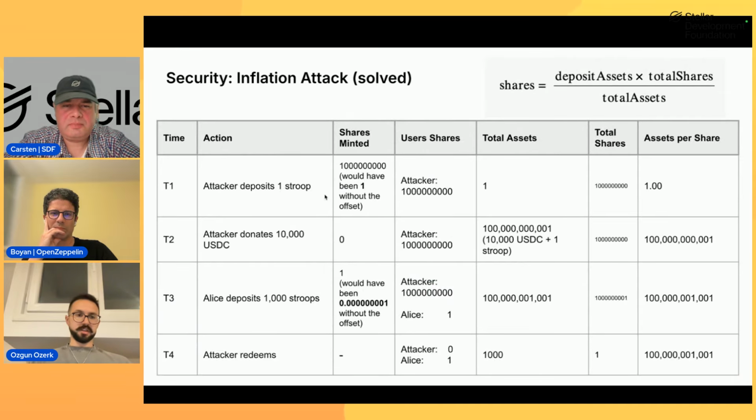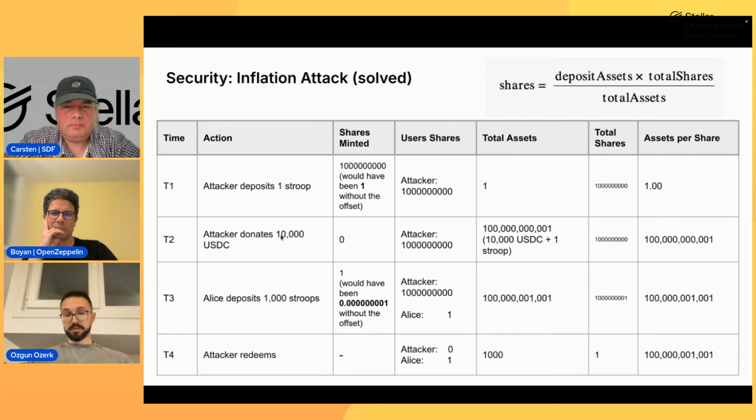And it will be something like this. So if you deposit 1 stroop, instead of 1 share, you will get this amount of shares. This is up to your decimal offset. So let's say 1, 2, 3, 4, 5, 6, 7, 8, 9. In this case, you will have 9 for the offset, and you will get this amount of shares.